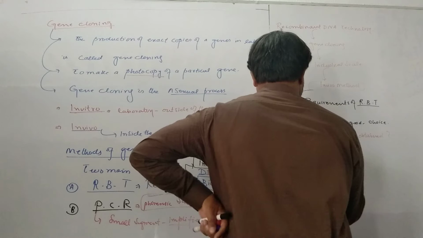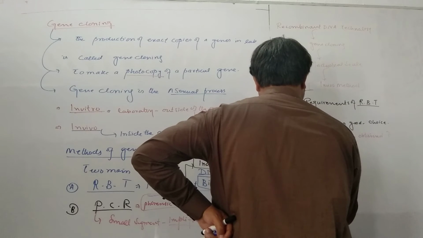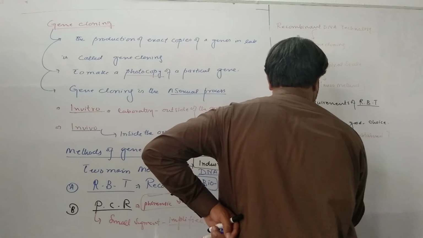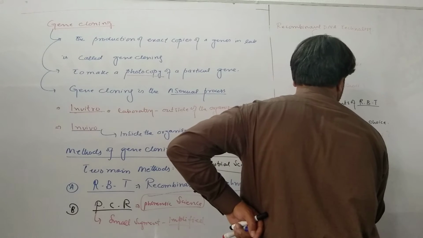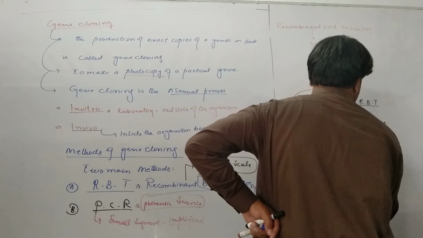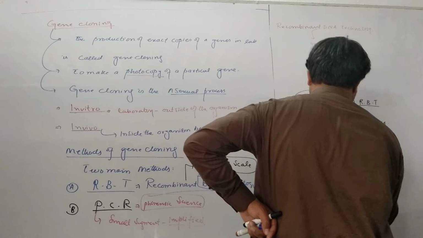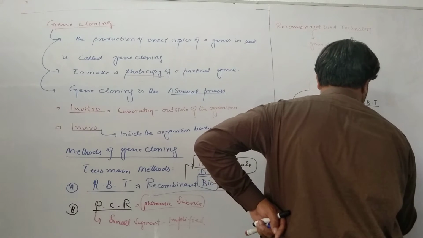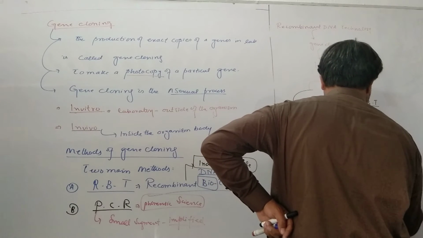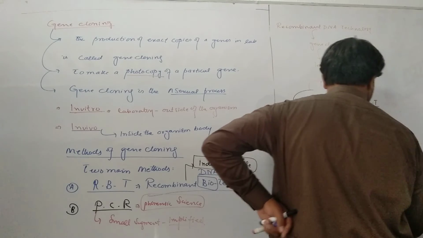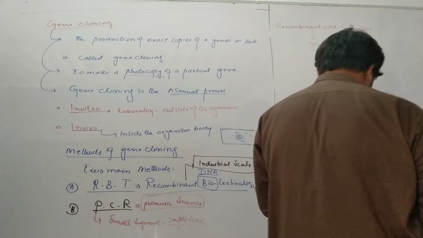There are 3 methods. The first one is from chromosome. Enzymatically, for example, it is a chromosome or DNA.